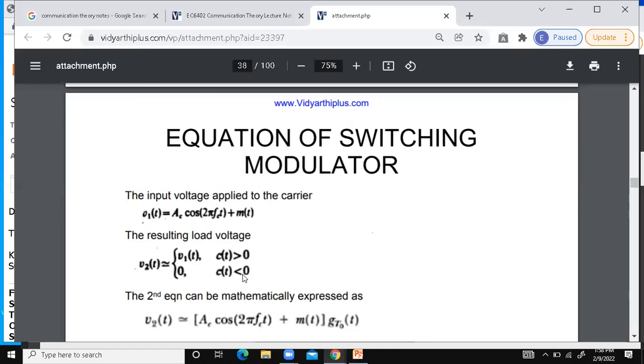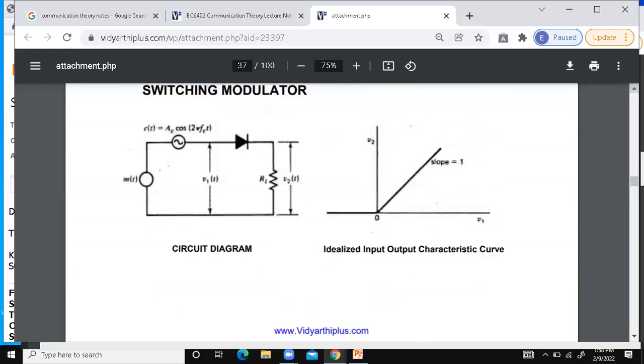Repeat that, sir. Let's go back to the circuit. So this now, remember, forget your information for a minute and look at your carrier voltage, right? Consider this an ideal diode. So once this goes positive, this will conduct, right?